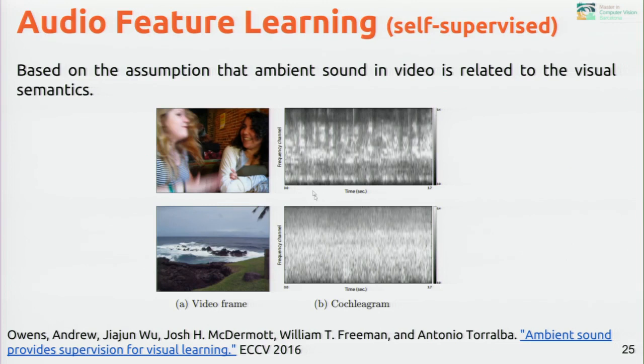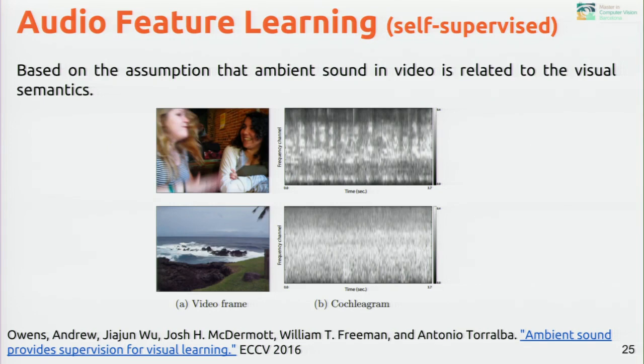It's called the cochleagram. That's this kind of audio representation that is important for audio people, and you can compute that. There's an algorithm that computes that. And the assumption they exploit here is that the audio and visual tracks of a video are correlated.